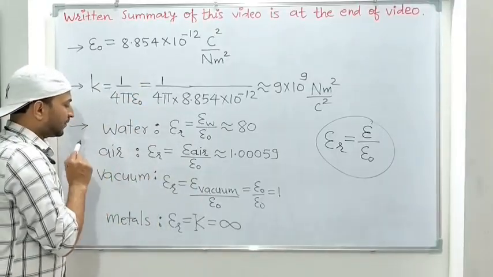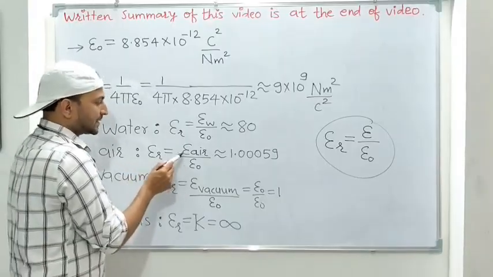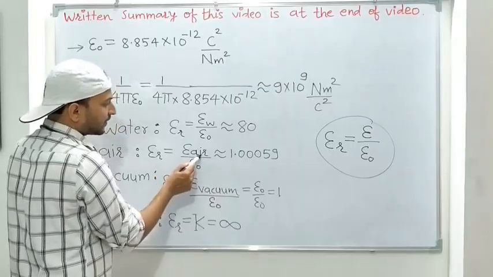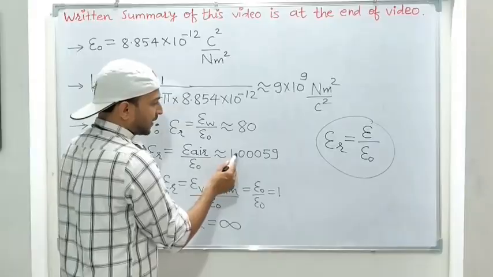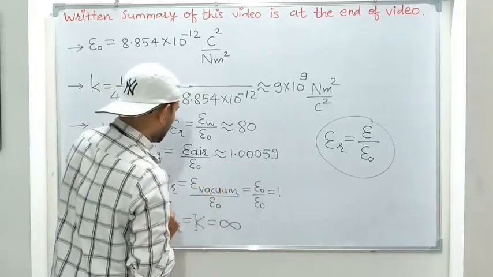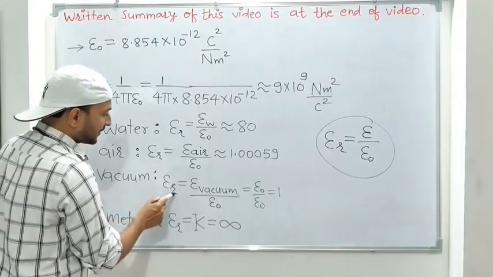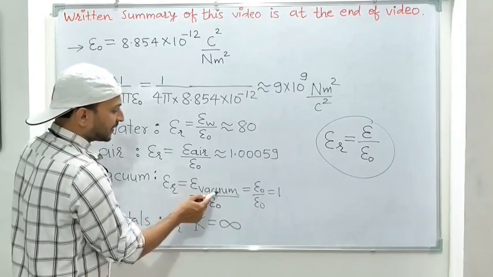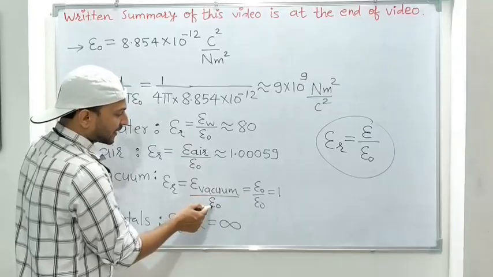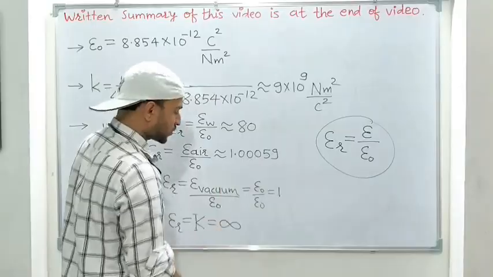The relative electric permittivity of air is the electric permittivity of air upon epsilon 0, which is 1.00059. For vacuum, it is the electric permittivity of vacuum upon the electric permittivity of vacuum. Epsilon 0 by epsilon 0, that is 1.